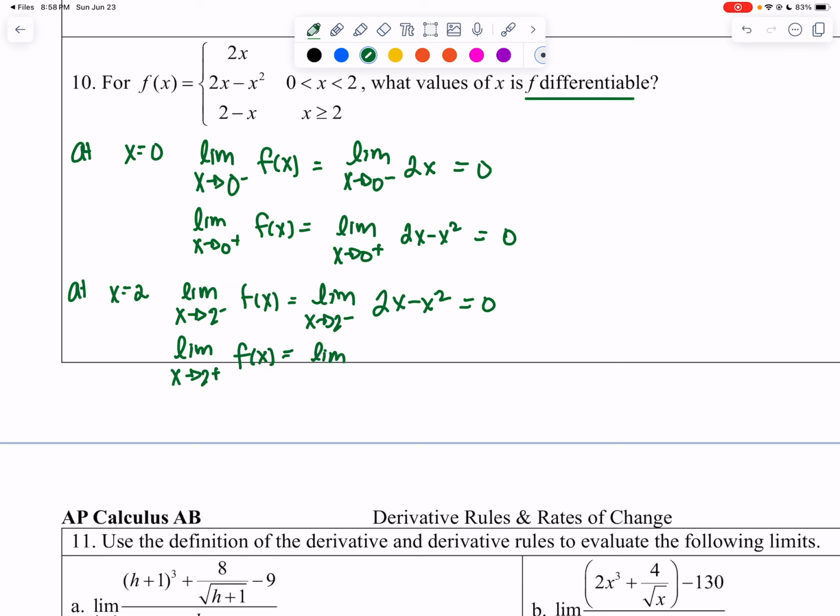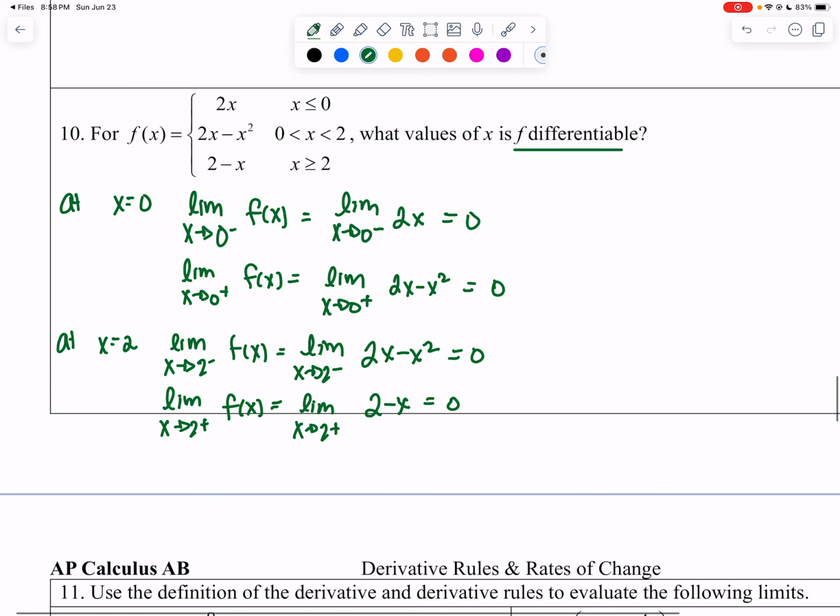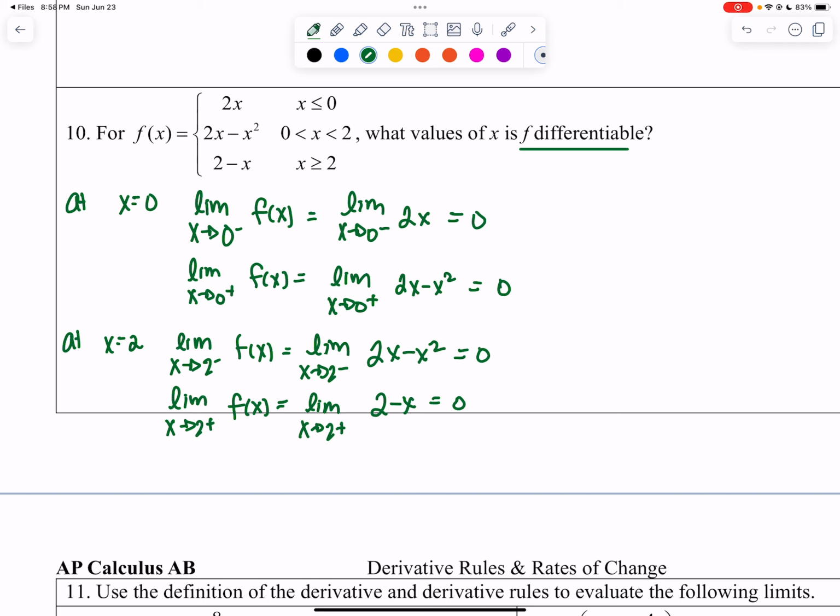From the right side, it's 2 minus x, which is 0. So far so good. We know that f is continuous everywhere, from negative infinity to infinity. Now we just have to see if it's differentiable at 0 and at 2.